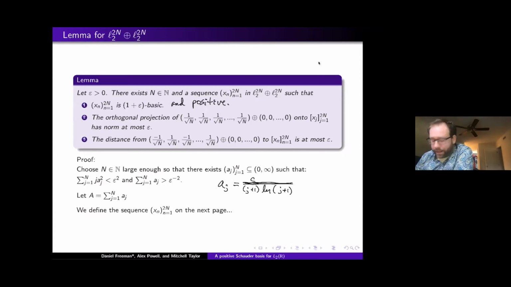The idea is that you can pick a small constant c so that this series is not summable, but if you look at this series here, it will be convergent, and so by picking a small c, you can guarantee that this is possible. For notational convenience, we are going to call the sum of the coefficients capital A. And now we're going to define the xn's on the next page.